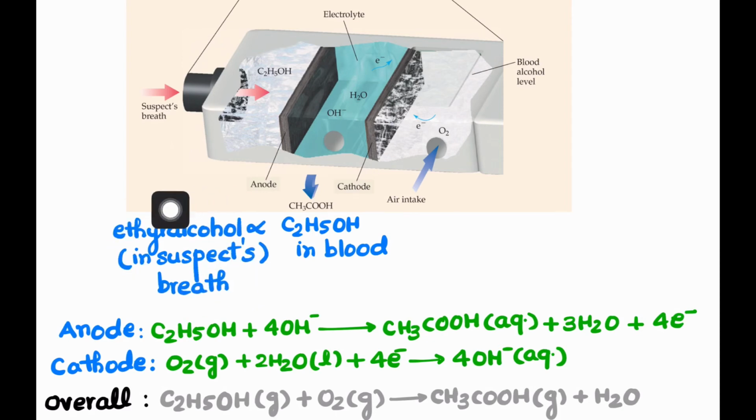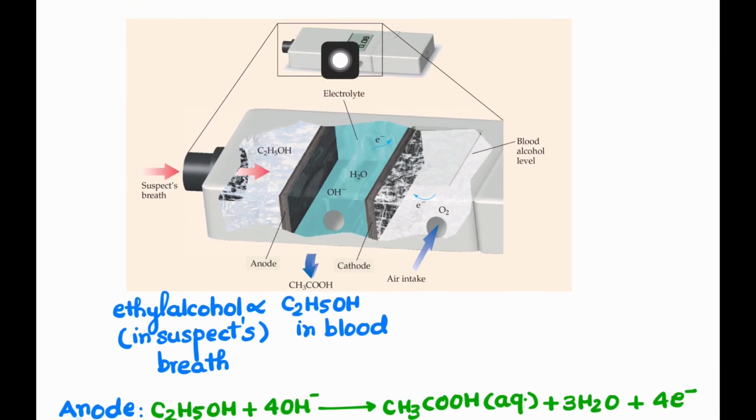And if there is a higher amount in the suspect's breath, then the ethyl alcohol in the blood will also be in higher amount, because the ethyl alcohol present in the breath comes out from the bloodstream only, as ethyl alcohol is volatile in nature. If the current is more, that will be digitally revealed on this screen.